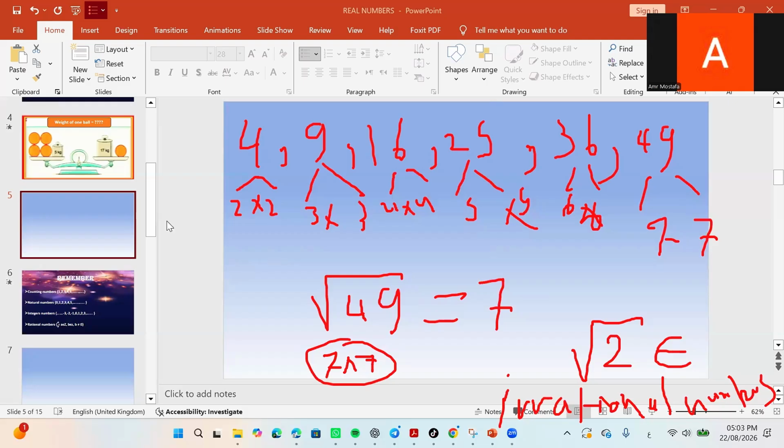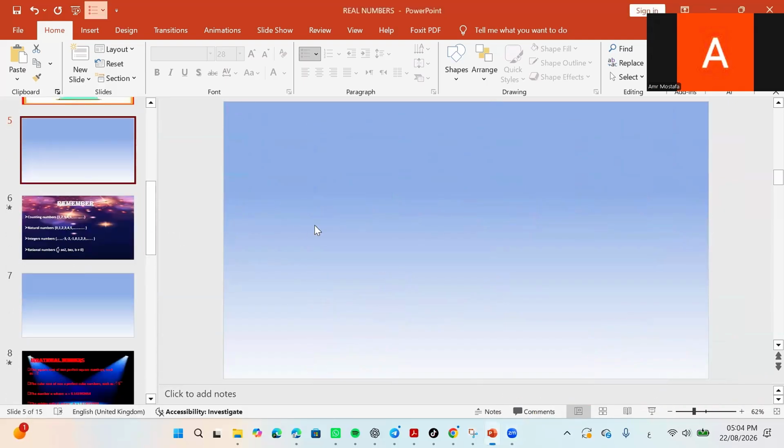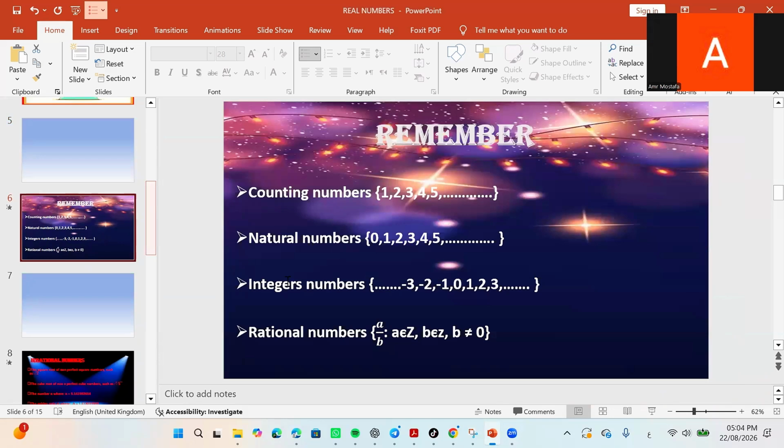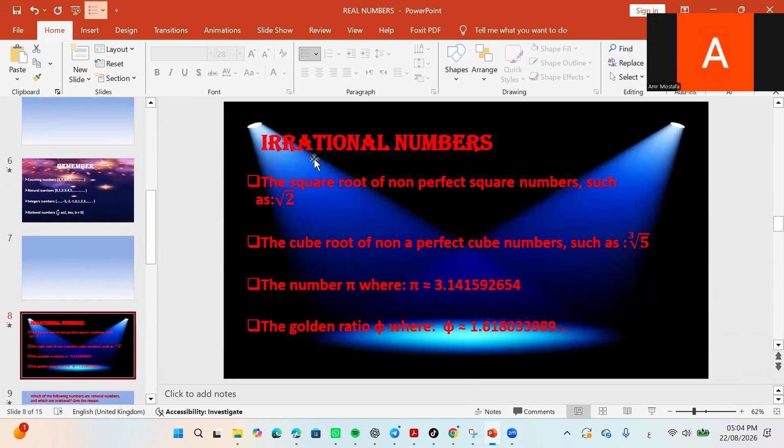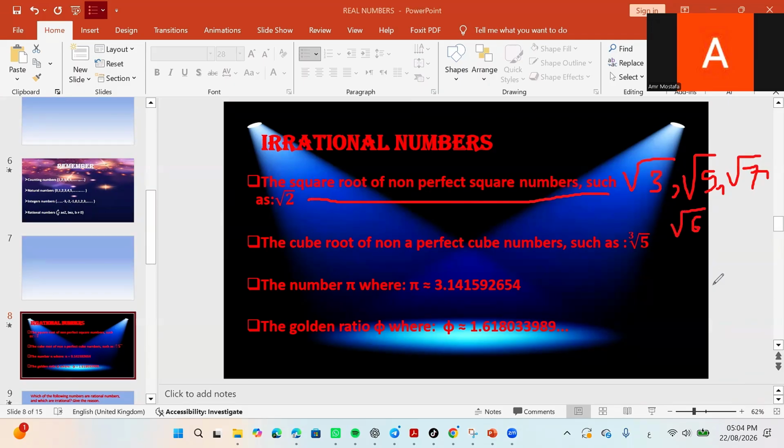Here are the sets: counting, natural, integers, rational, and irrational numbers. The first type of irrational number is the square root of a non-perfect square number, such as root 2, root 3, root 5, root 7, root 6. All of these are irrational numbers.